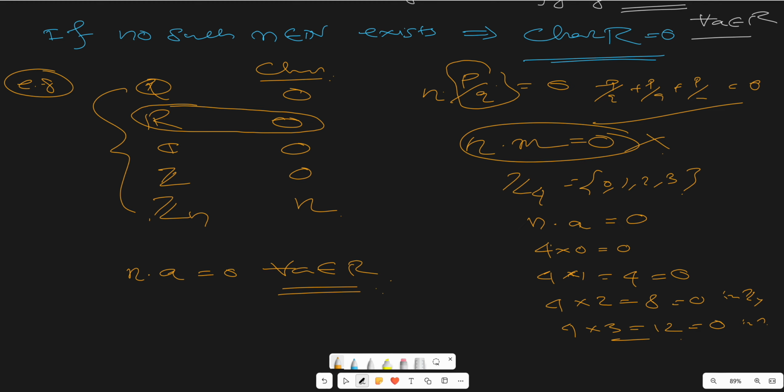You cannot find, right? That's why such an n does not exist here, and that's why this ring has characteristic 0. Similarly for the others. Understood?